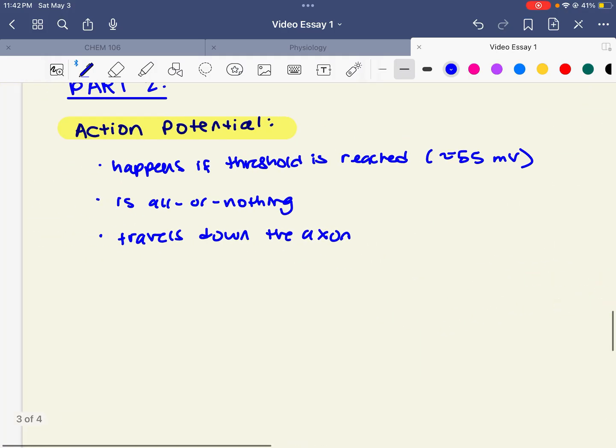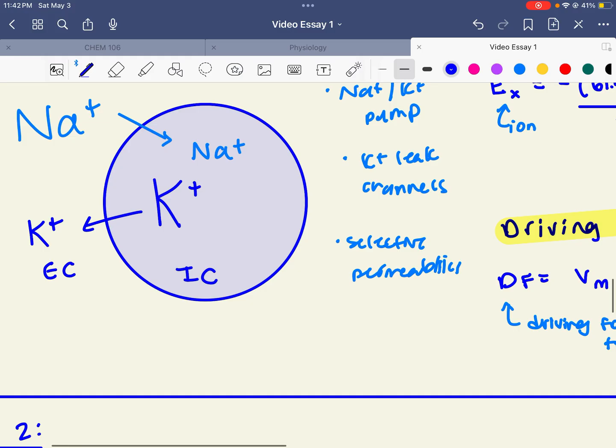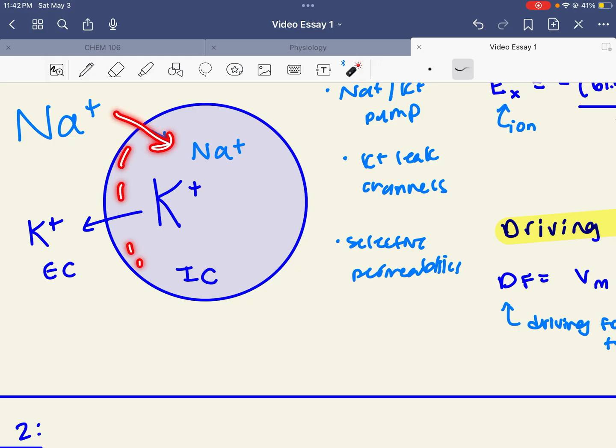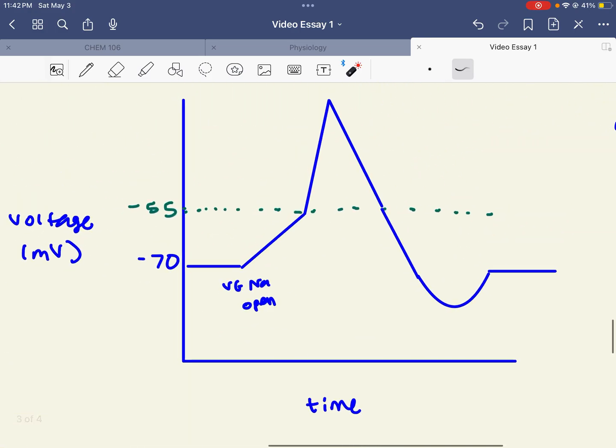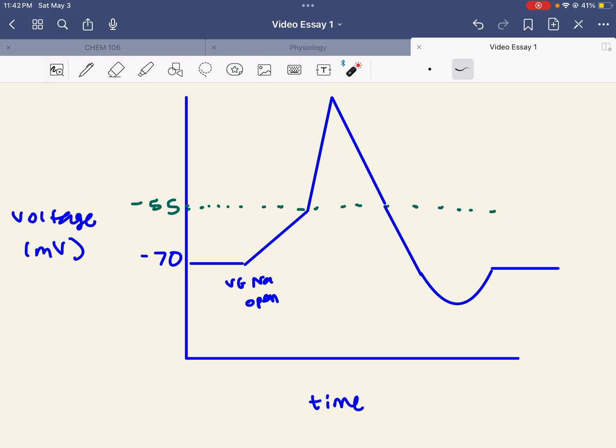Just like what we said with the driving force, there's a lot of sodium outside the cell. It's attracted to the negative charge in here. With the gradient, it really wants to rush in. It's waiting for its moment. So as soon as a stimulus happens, the voltage-gated sodium channels open.